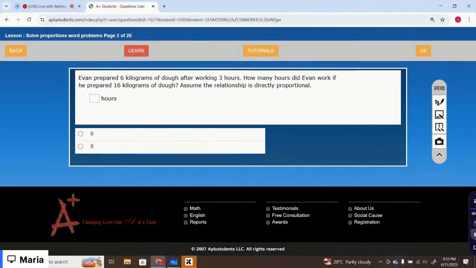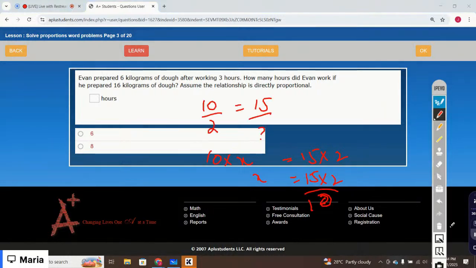Elaine prepared 6 kilograms of dough after working 3 hours. How many hours did Elaine work if he prepared 16 kilograms of dough? That is 6 kilograms in 3 hours and 16 kilograms in how many hours?